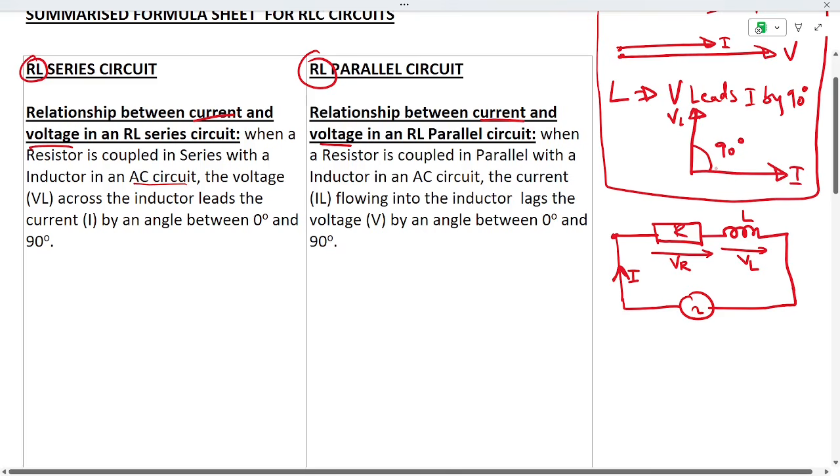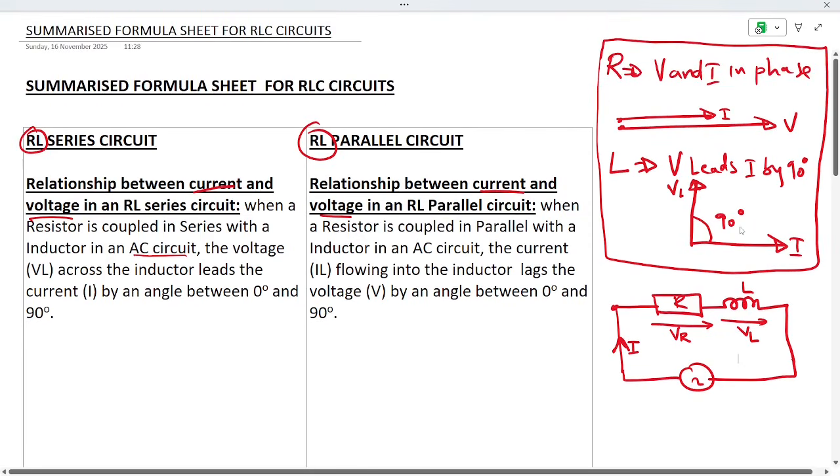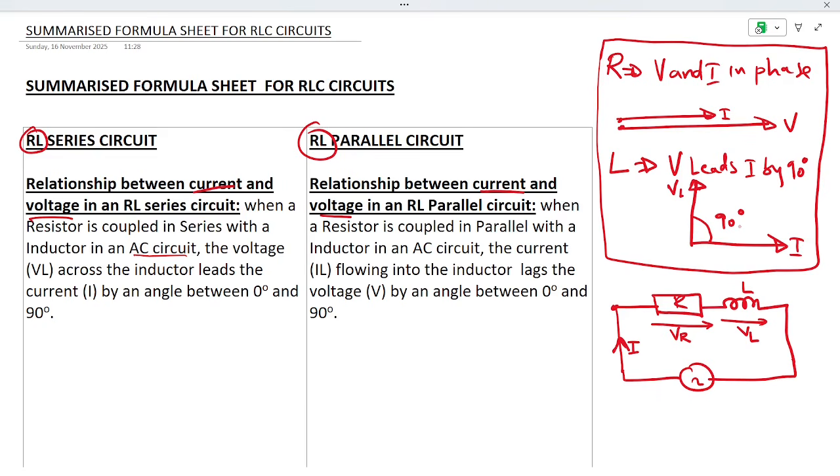When you are dealing with the resistor, how is the voltage VR going to behave versus the current? The voltage is going to be in phase. And how is the inductor voltage going to behave versus the current? The voltage is going to lead the current. End of story. That's how you can draw your diagram.